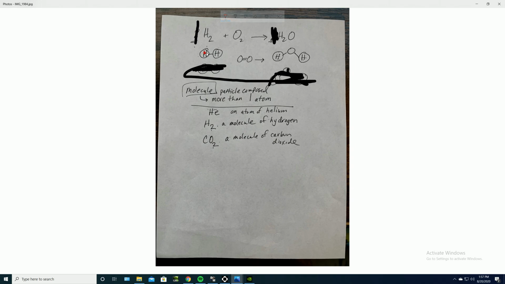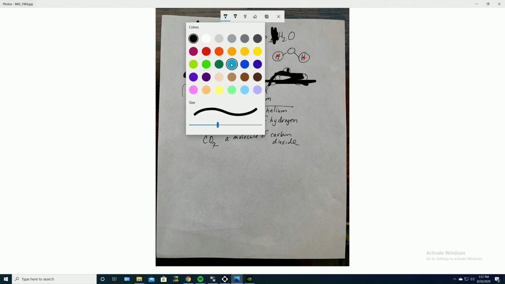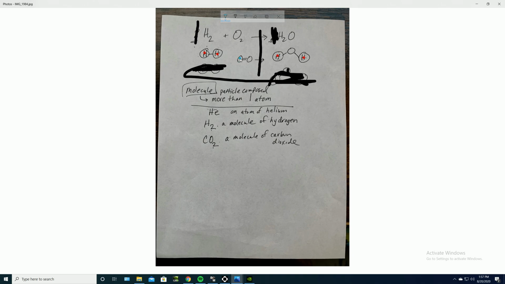So we have two of the hydrogens, right? Those transfer over. Let's just draw a divider here. You have the two hydrogens, and let's make oxygen blue. You have the oxygen here, but as you see, you're going to be left with one blue dot all by itself.